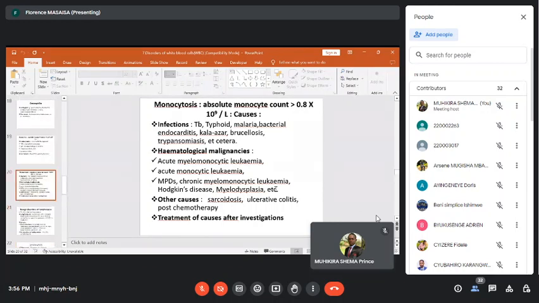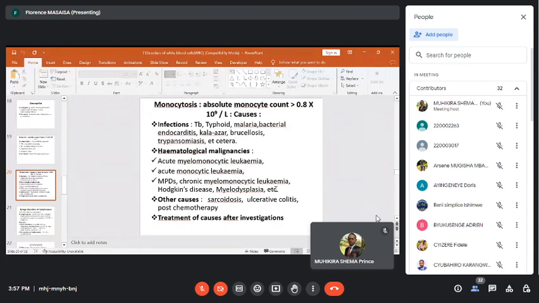Monocytosis, again, is an increase of monocytes above the normal range. It's usually due to infection like TB, typhoid fever, malaria, or trypanosomiasis, but it might also be seen in hematological malignancy where the leukemia is in the monocyte line, acute myelomonocytic leukemia, acute monocytic leukemia.